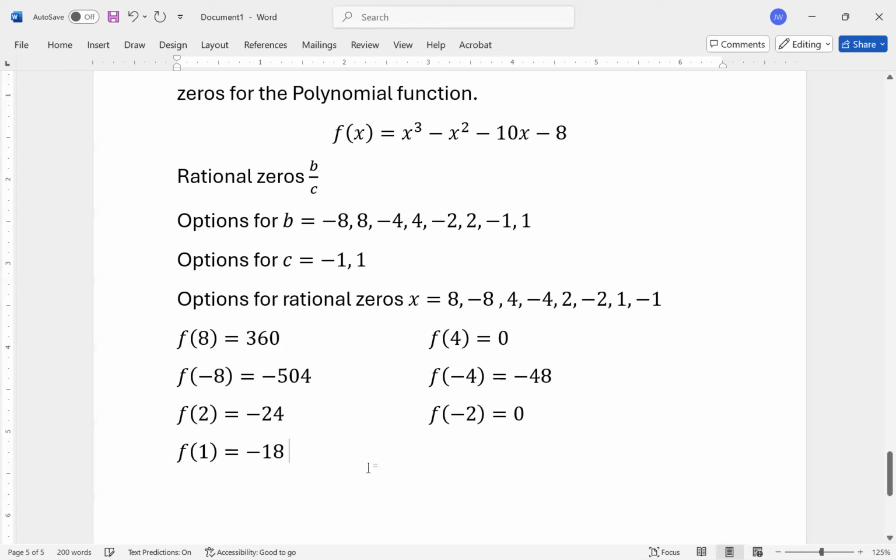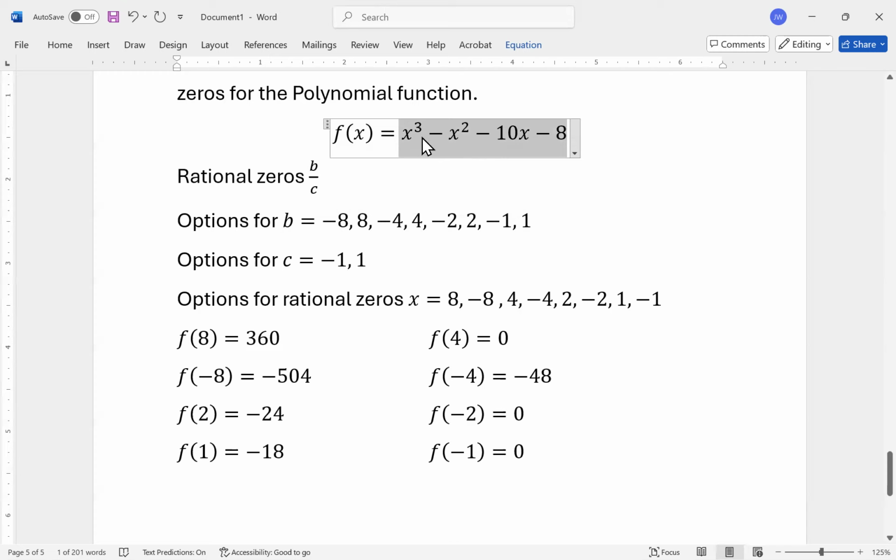I've plugged a lot of these in before, so I've already checked. What would happen if I plugged in a negative 1? Well, if I plug in a negative 1, I get out a 0. Notice that this gave me all 3 zeros. I knew there was going to be at least 3 counting multiplicities.